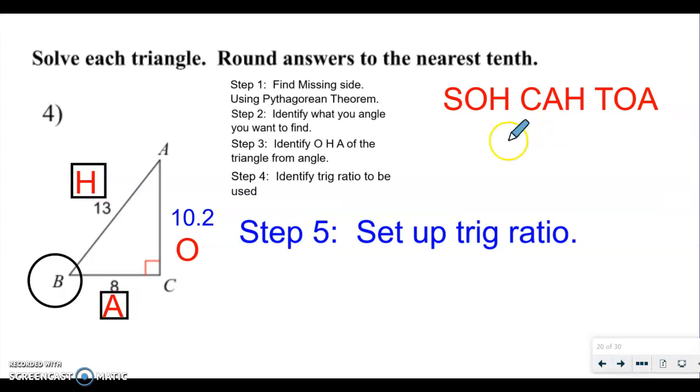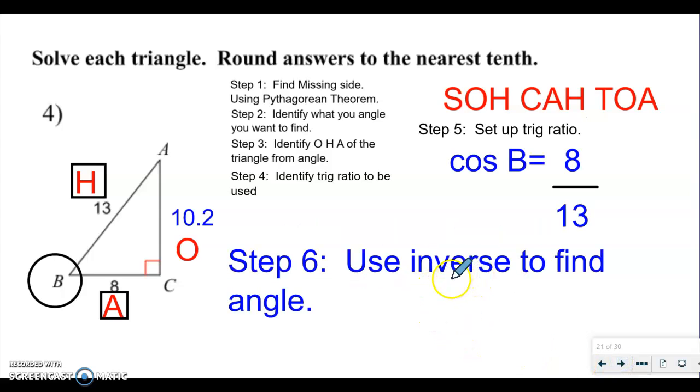Okay. So since we've already identified that we're going to be doing cosine, we're going to set up the ratio. So I'm going to say cosine of B equals the adjacent side, which is 8 over 13. Now what we're going to do is use the inverse to find the missing angle. If you guys remember yesterday, we talked about using cosine -1 of the ratio to find out what that missing angle is.